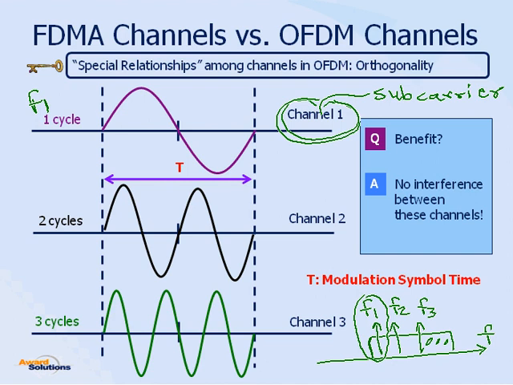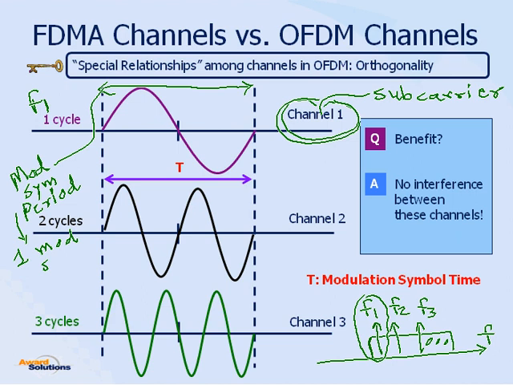So I will pick some time period, which is the modulation symbol period. During the modulation symbol period, we send out just one modulation symbol, that's it.